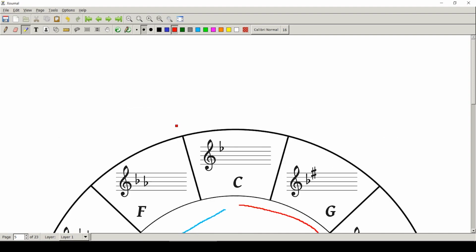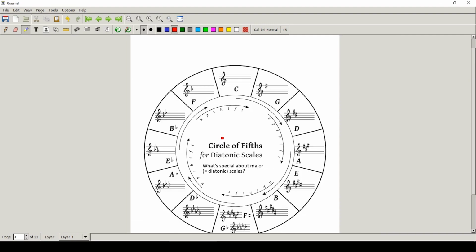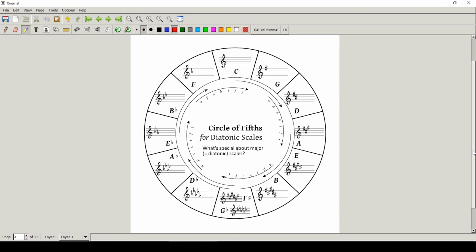And I think that's why it's really valuable to think about what it is that makes using a major scale useful. Why might I like to restrict the chords that I use to the notes within a particular scale? And I think the answer to that has at least something to do with the niceness of the relationship between these scales.